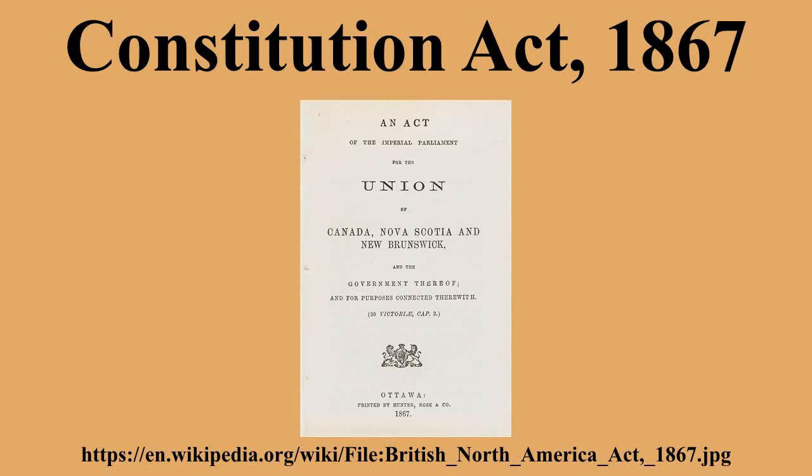However, under Section 92, the provinces are delegated the power to administer justice, including the constitution, maintenance, and organization of provincial courts, both of civil and criminal jurisdictions, and including procedure in civil matters in both courts. This provision allows the provinces to create the courts of criminal jurisdiction and to create provincial police forces such as the OPP and the Sûreté du Québec.